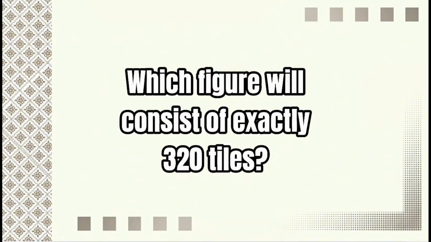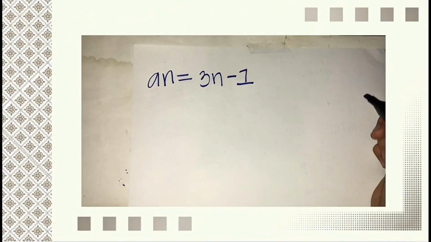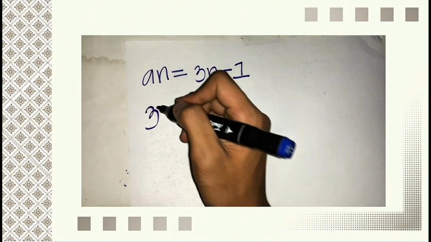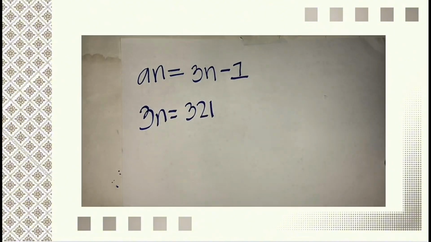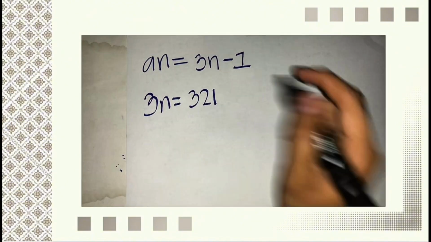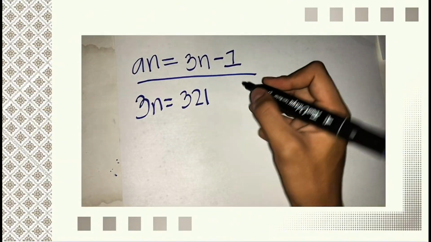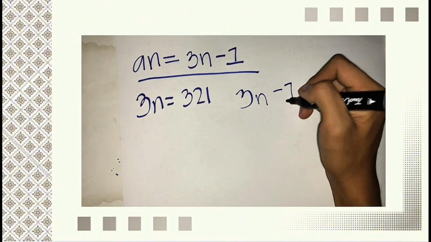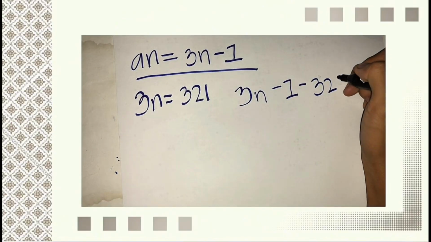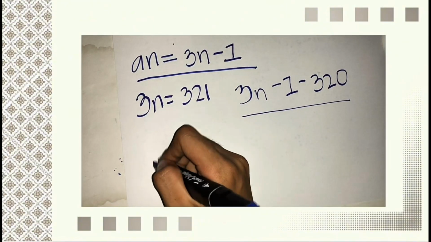For the final and last question, which figure will consist of exactly 320 tiles? So let's answer number 3. We must follow the formula that we did on question number one. So 3n minus 1 equals 320. So 3n is equals to 321, because we add 1 to both sides to move 1 to the right.